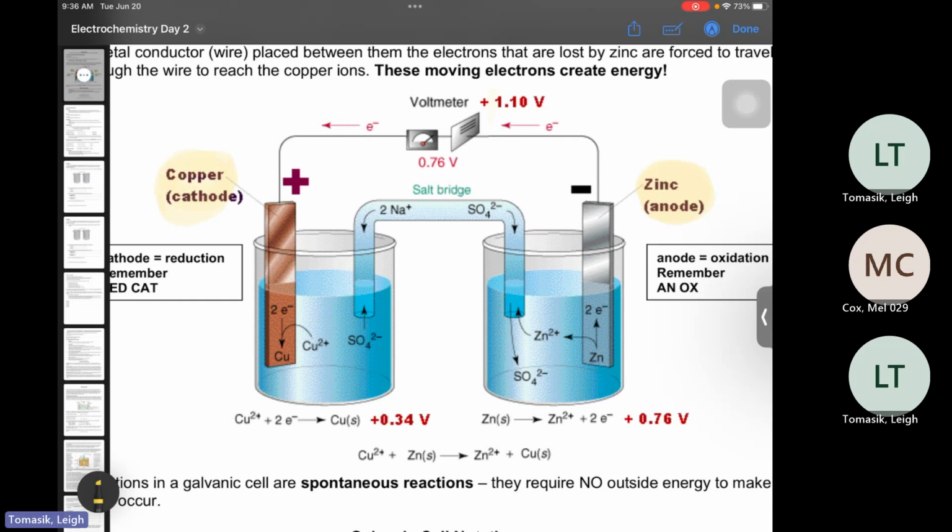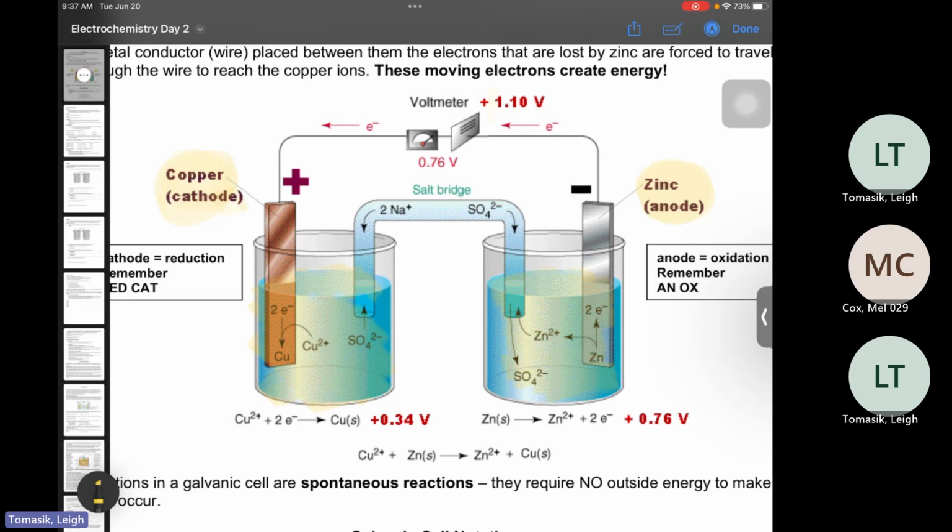And then we have two containers, glass containers, and part of the metal is immersed in some sort of solution with ions in it, right? And the zinc metal also has its own solution.